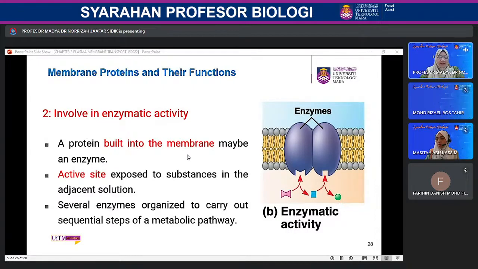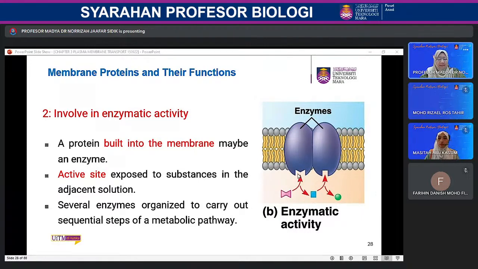As a result, a membrane protein that is embedded into the membrane can sometimes be an enzyme. And it has an active site, and this active site faces outside the lipid bilayer.